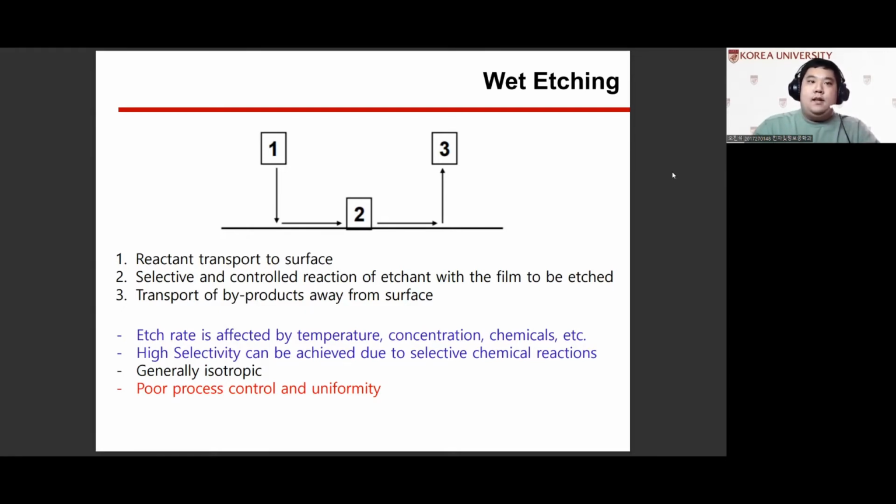For the wet etching process, the etch rate is largely affected by temperature, the concentration of etchant, and so on. Wet etching usually has high selectivity and is usually an isotropic profile, but the process control and uniformity are relatively poor.